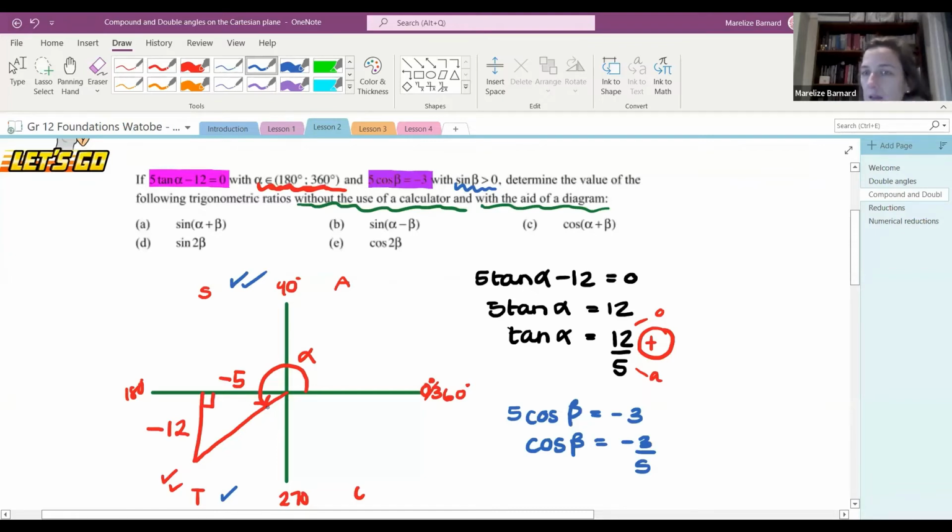Angus asks, do we draw two triangles for both ratios? Yes, one for alpha, one for beta. Okay, so let's put our arm down and then we rotate. So that's my angle beta.